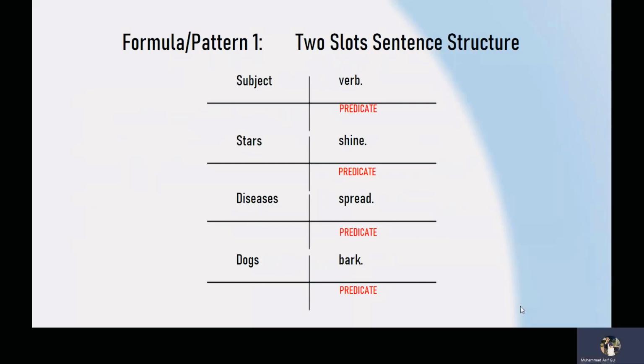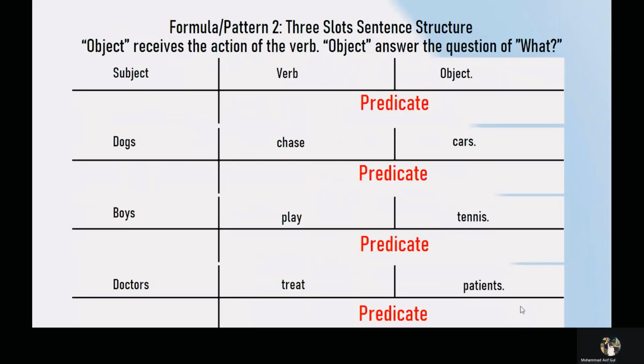Now we will move to the next pattern, formula 2 or pattern 2, and this is the 3-slot sentence structure. We have added another slot in it, and it is the object. What is an object?